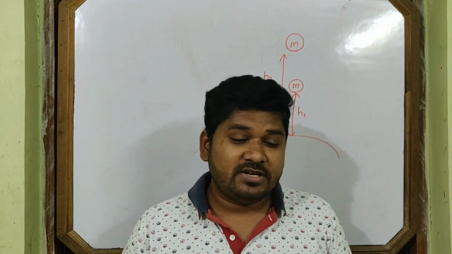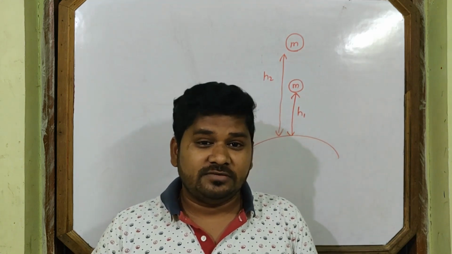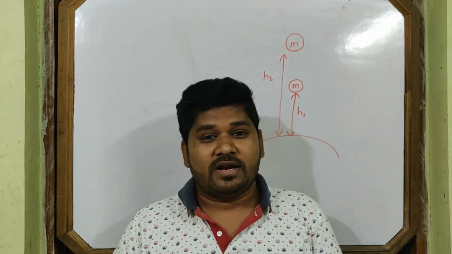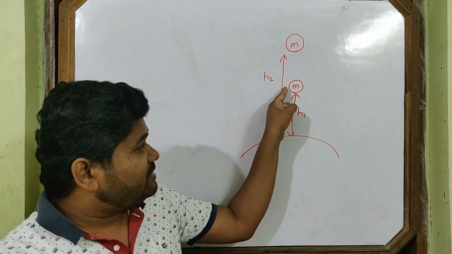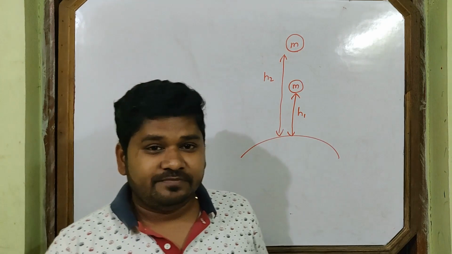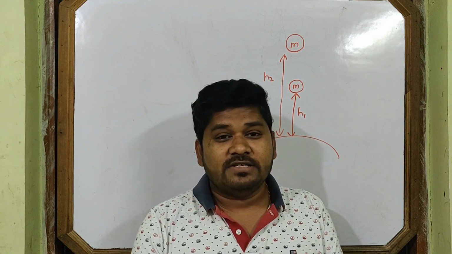Why does its potential energy increase? From where does the body gain energy? The amount of work done. When you do some work to take the body from this position to this position, the amount of work done is stored in the body in the form of potential energy.